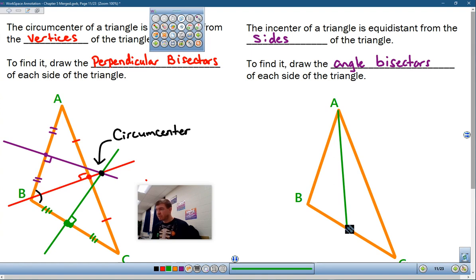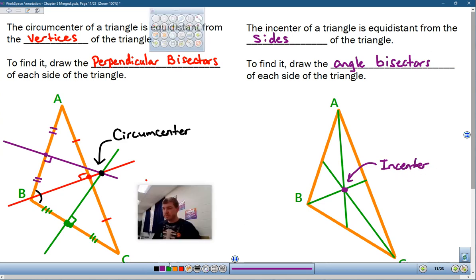Just kind of what looks like the middle. That looks like the middle of that angle. That looks pretty close to the middle. And that looks pretty close. So that was a lot easier to just kind of eyeball where that is. So this is the incenter.